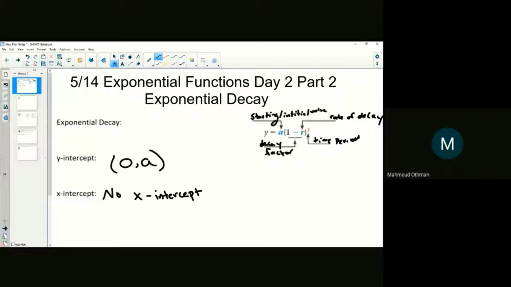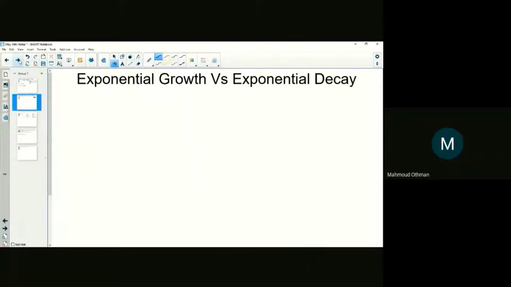Now we are going to compare the two: exponential growth versus decay. For exponential growth, you have y equals a times b to the x, where b is greater than 1.